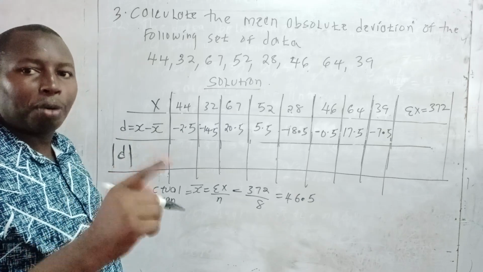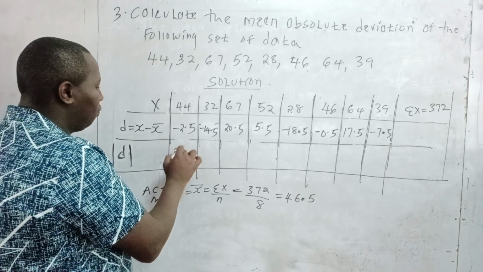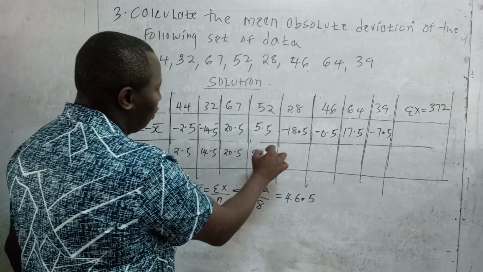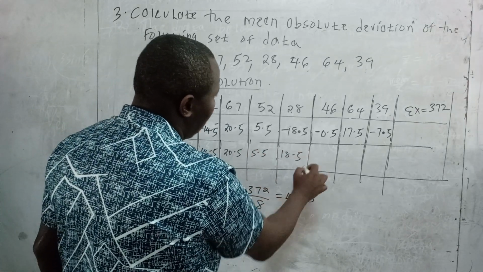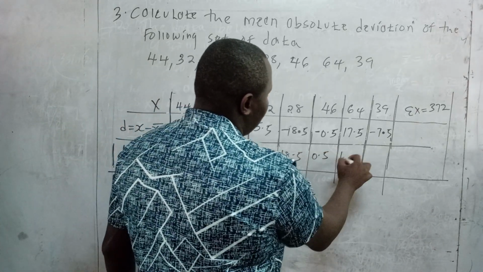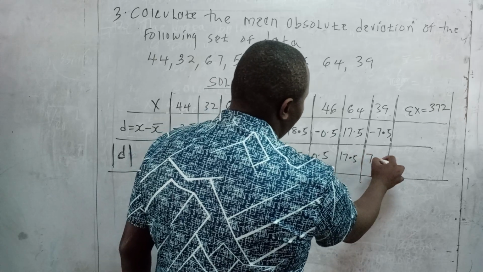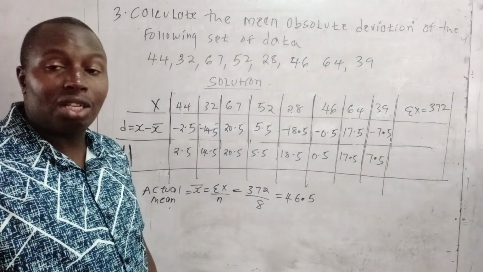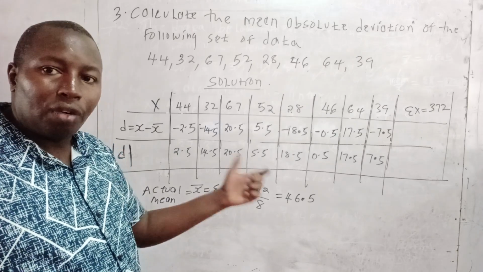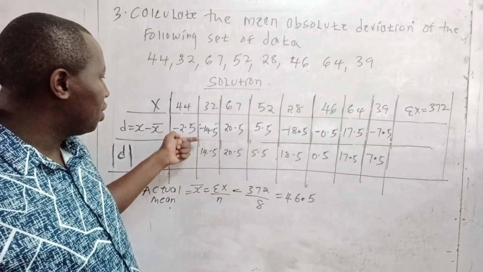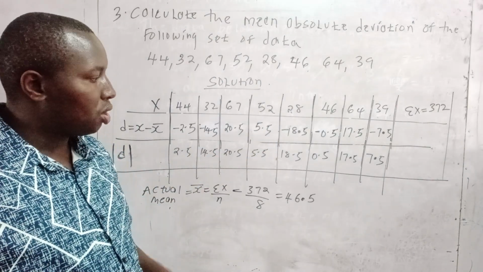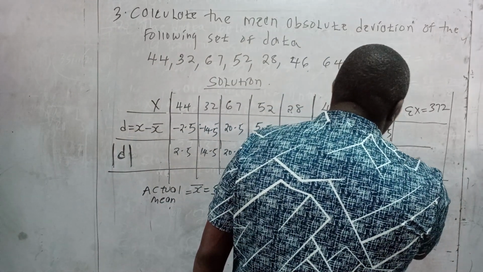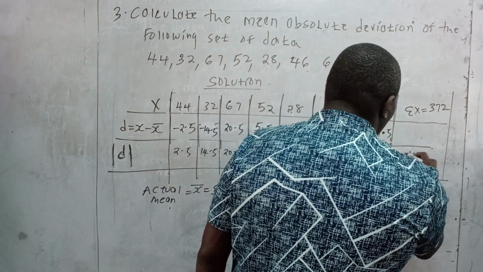So you take only the positive values, so that you get 2.5, 14.5, 20.5, 5.5, 18.5, 0.5, 17.5, 7.5. Because the sum of the deviations from the actual mean is 0, you ignore the signs and find the sum of the absolute deviations.